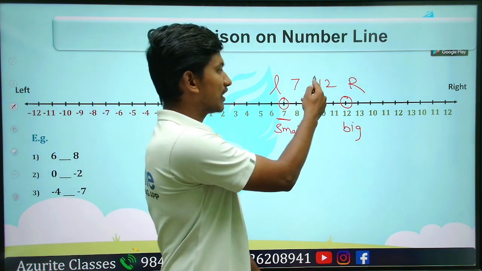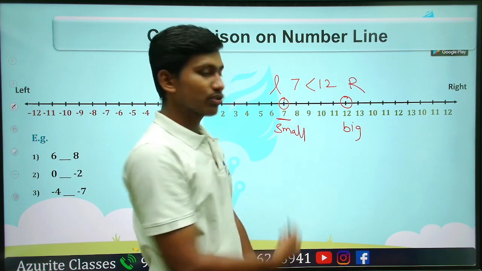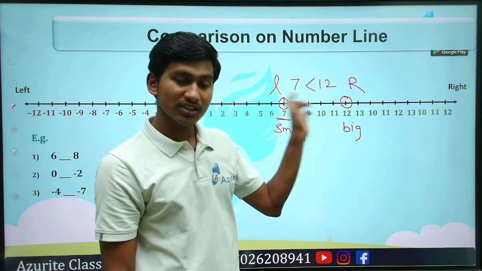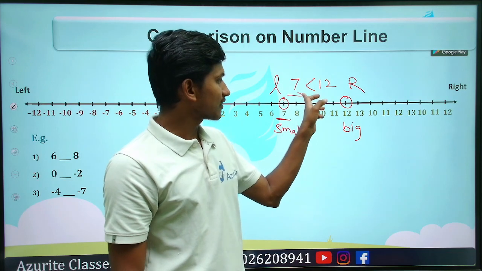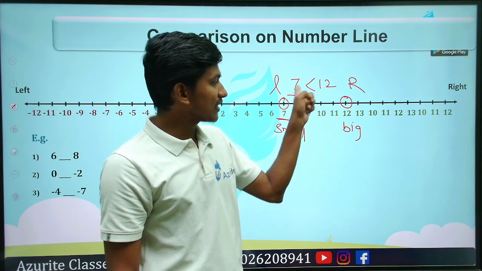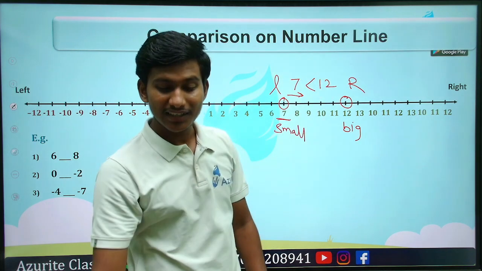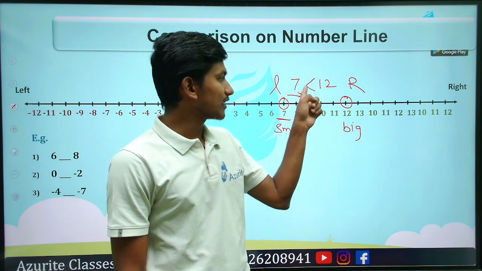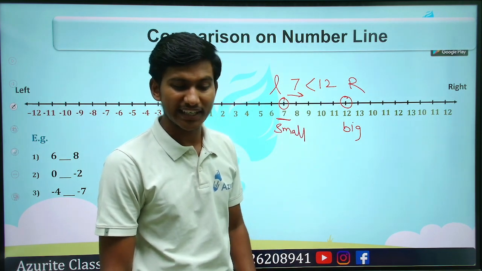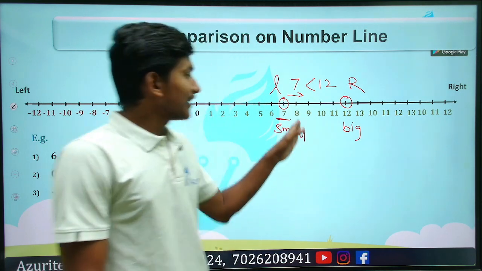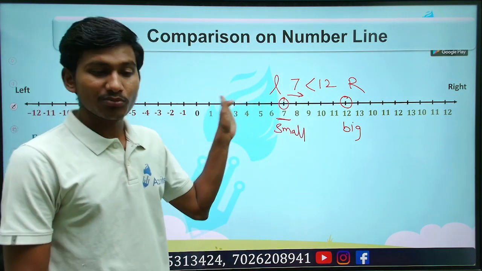We know 12 is bigger, so we start from that and come back to it. This is how the symbol will be. 7 is smaller than 12, that is, 7 is lesser than 12. So this is the lesser than symbol. This is how we read it, isn't it? So the number on the left side will be smaller.